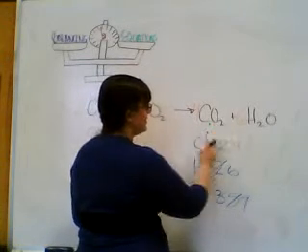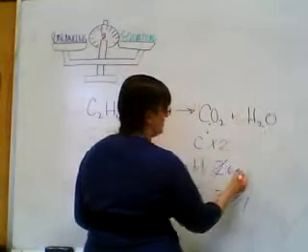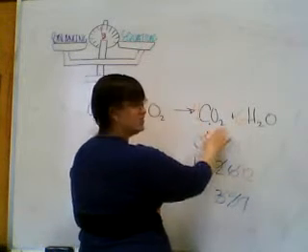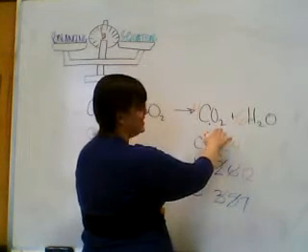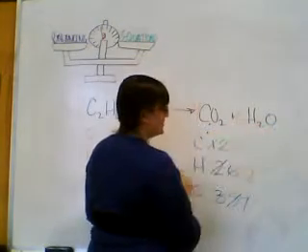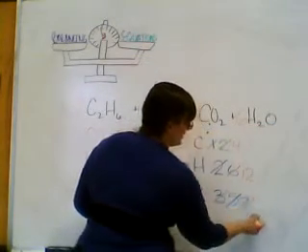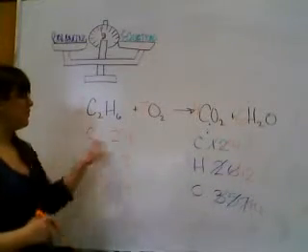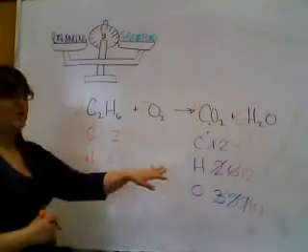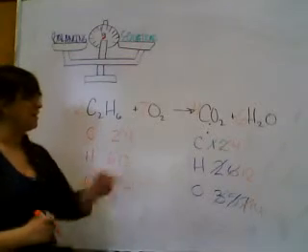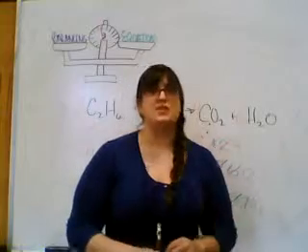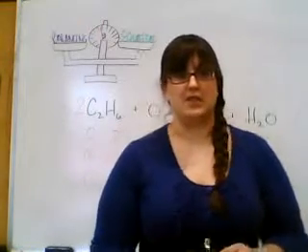As far as hydrogens go, I have 6 times 2, so I have 12 hydrogens. I now have 4 times 2 is 8 plus 6, so 14. So now if I look at everything, I have 4 carbons on both sides, I have 12 hydrogens on both sides, and I have 14 oxygens on both sides. Am I balanced? Yes.